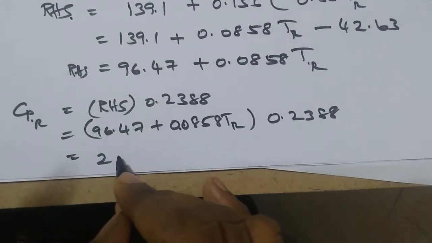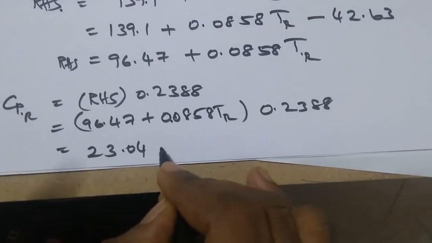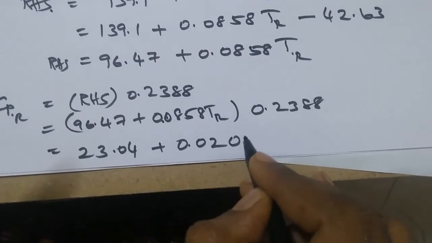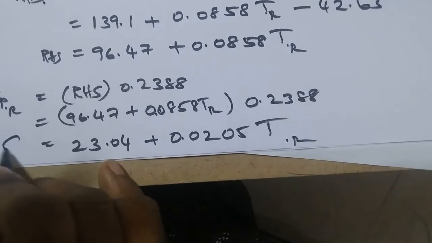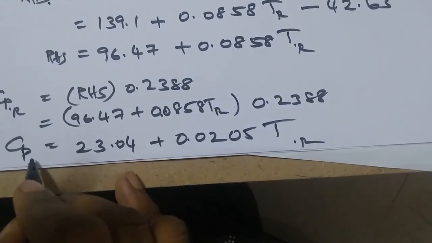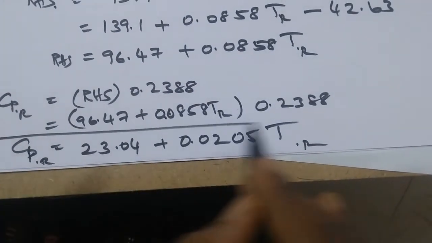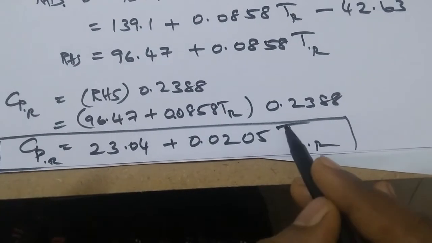We get the final answer 23.04 plus 0.0205 temperature, which is in Rankine. So we get the Cp value in degree Rankine as this final answer.